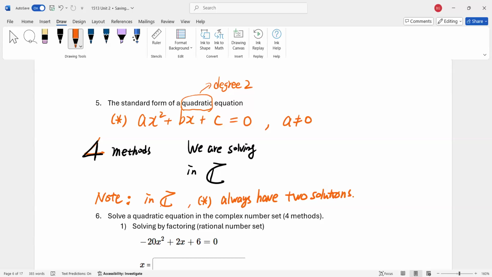Always has solutions and always has two solutions. Maybe sometimes the two solutions happen to be identical, but they are technically still two solutions.